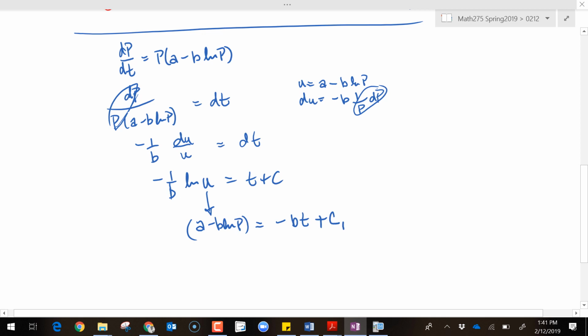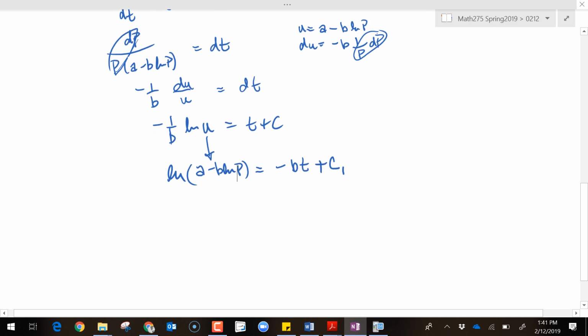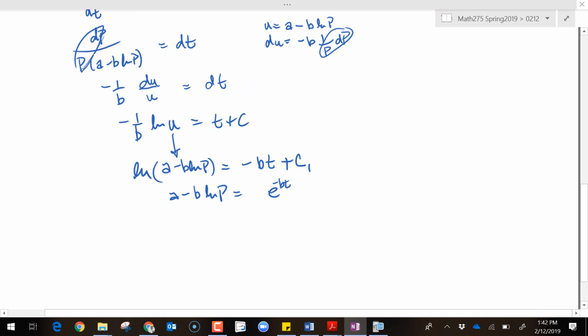I was going to put the e here, but yeah. So we'll take the e of both sides. a minus b ln P is equal to, now this is e to the negative bt, and then e to the c1 is another constant. Let's call that capital A. And then let's continue to solve for P. So I'll bring the a over to the other side, and then I'll divide by b.